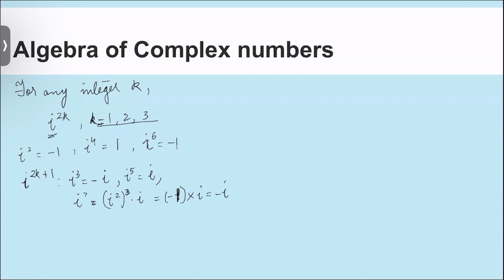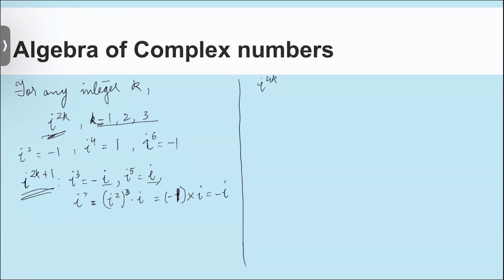Okay, so again, you can see that there is no pattern being followed if you follow this general form or this general form. Hence, the general form that is actually followed is i to the 4k.